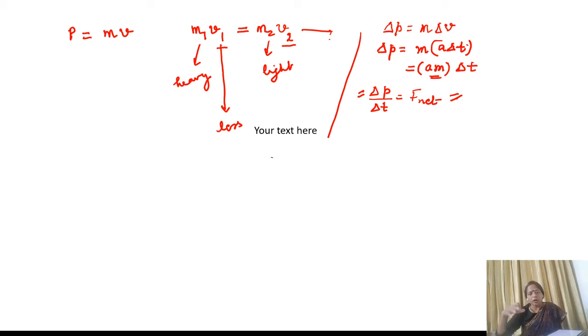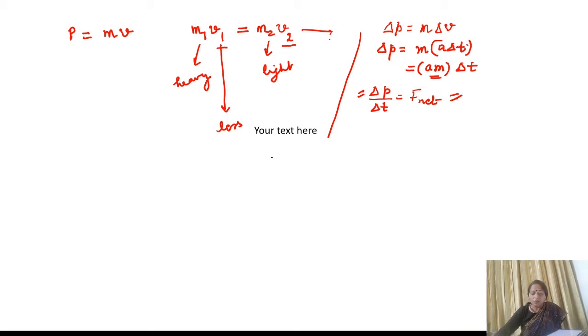Suppose your car collides with some object, and when it collides, your body, that means the body of the driver, is still in the same momentum. It is moving with the same velocity. It is because of the conservation of momentum. Even after the collision, it will move with the same momentum.